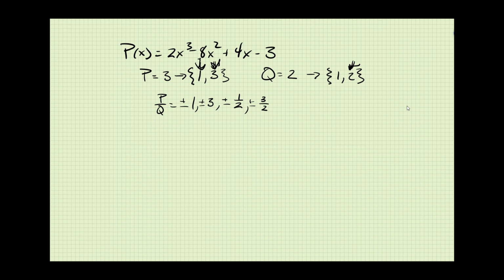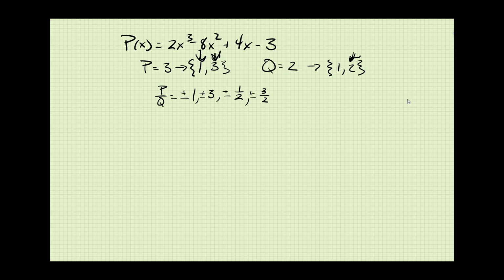In my next video, I'm going to talk about how to use them. Let me do one last example. Let's say we have 4x to the fourth minus 6x cubed plus 8x plus 24. So we go through the process again.